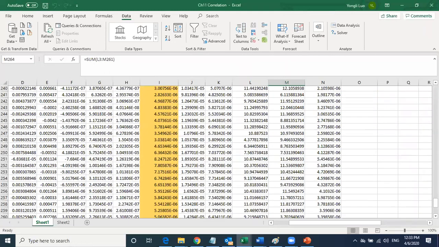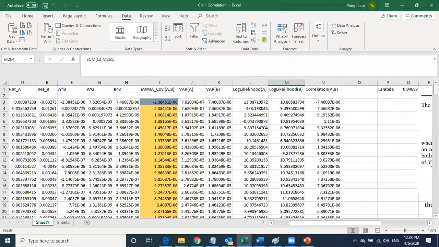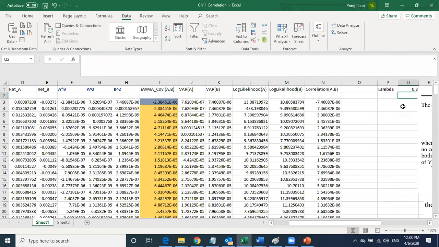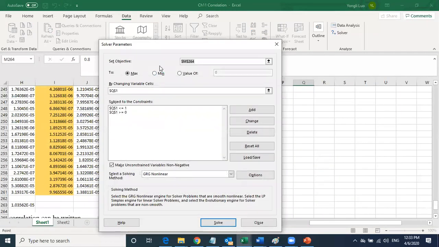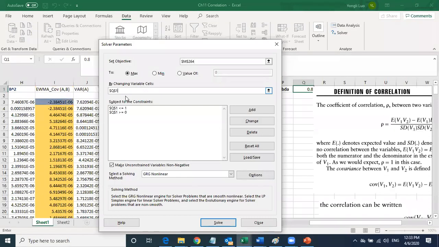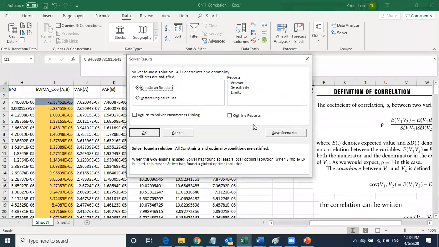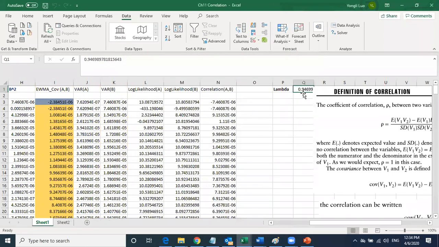For example, we just choose whatever the lambda is, like 0.8. So now we run Solver, maximizing this subject to this constraint, and then we solve. Keep that. See the lambda change to 0.95.